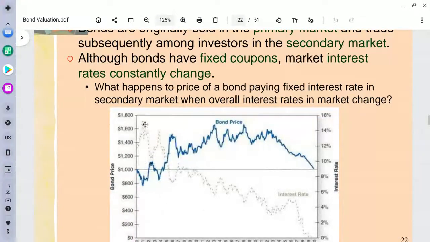For interest rate, you have to look at the right vertical axis. For the bond price, you have to look at the left axis. You cannot look at the interest rate against the left axis.